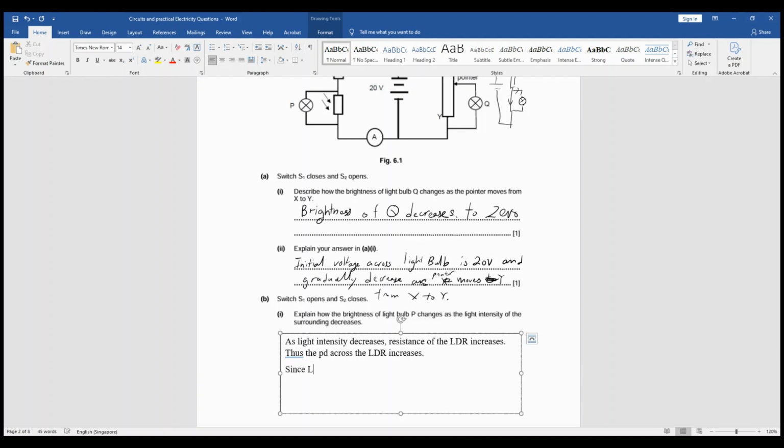Since light bulb P is in parallel with LDR, the PD is the same because they are parallel to each other. The PD across P increases. Since the PD increase, brightness increase.